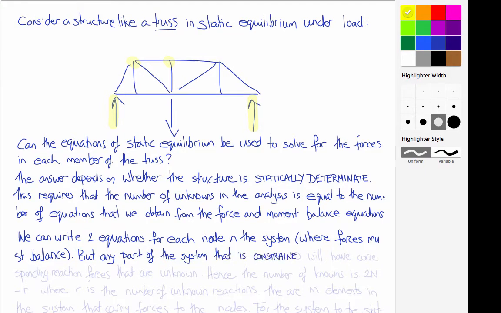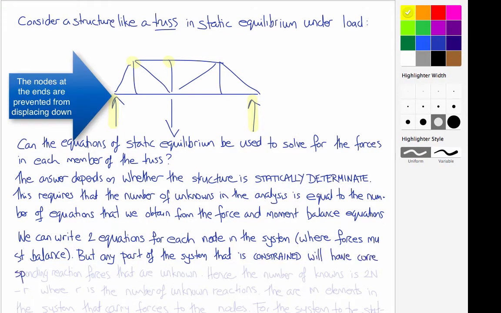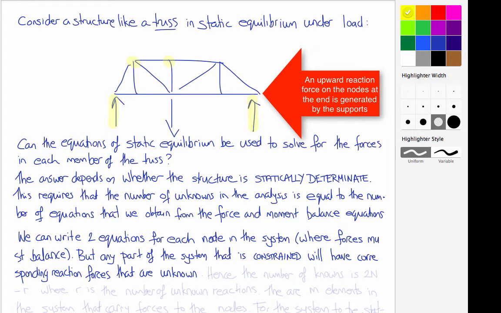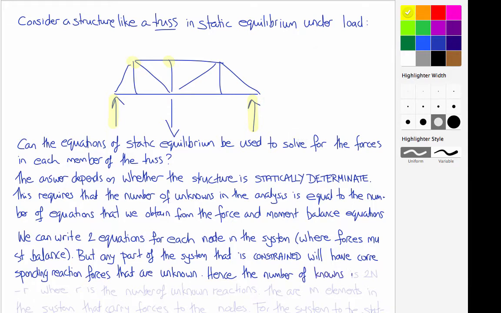But any part of the system that is constrained, in this case the ends, will have corresponding reaction forces that are unknown. So we have two equations at every node, but we also have some unknowns, in this case two unknowns being the reaction forces at the ends.